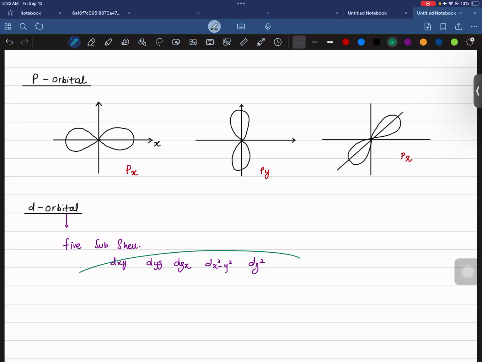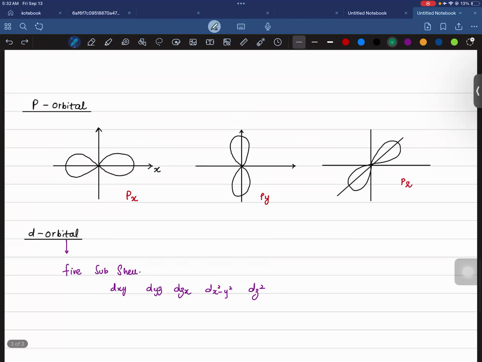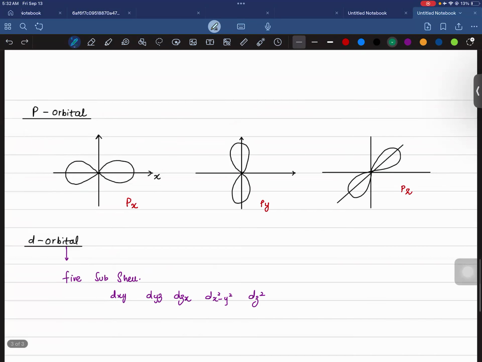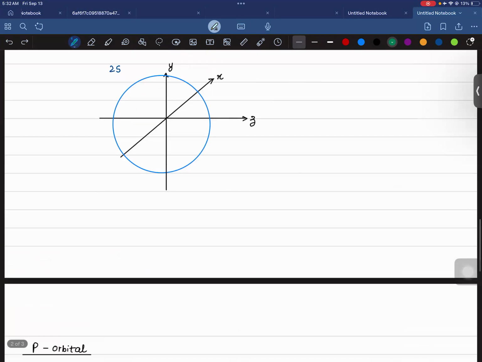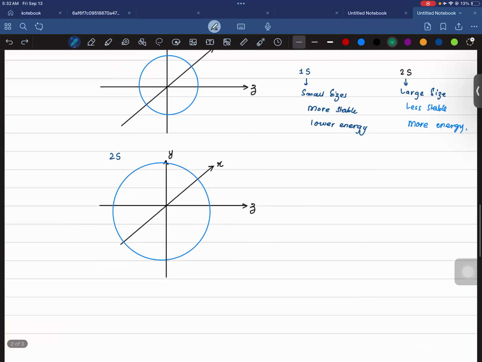No need to memorize this. I'm just telling you that if someone asks how many subshells d orbital has, you will say 5. Just like if I ask how many subshells are there in p orbital, you will say 3. How many subshells are there in s orbital, you will say only 1. That is itself.